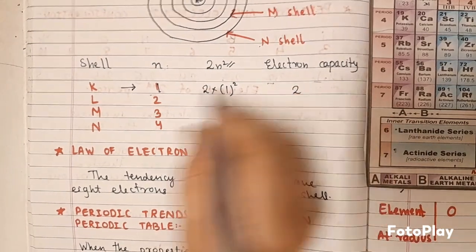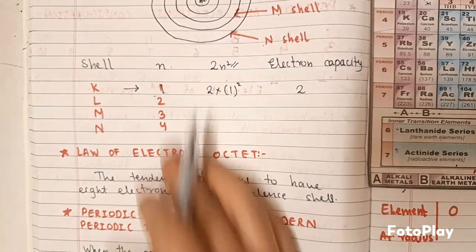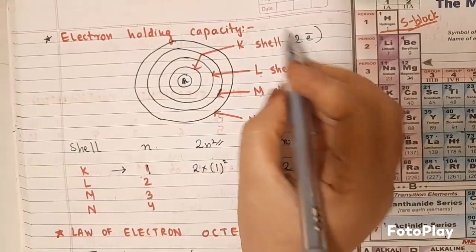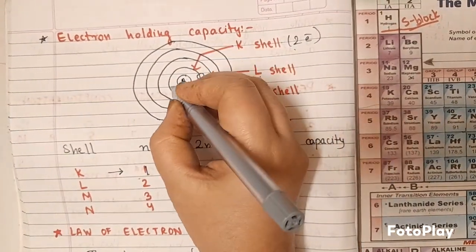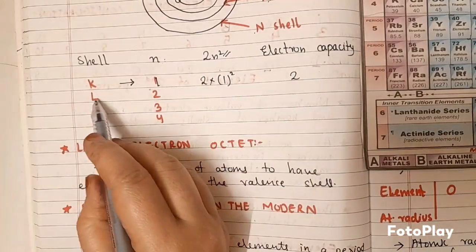So the electron holding capacity of the K shell is 2 electrons, like 1 electron and a second electron. Now let's determine it for the L shell.